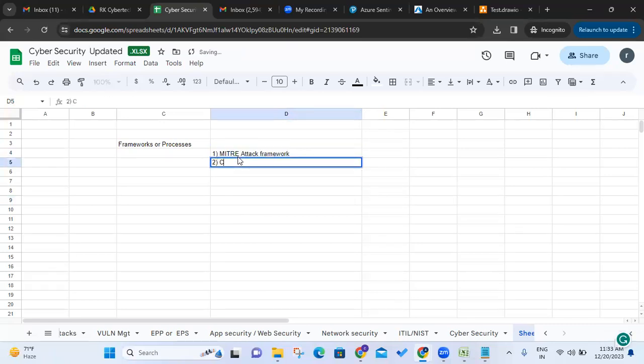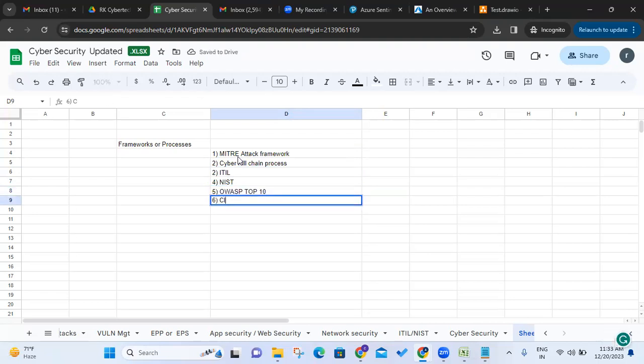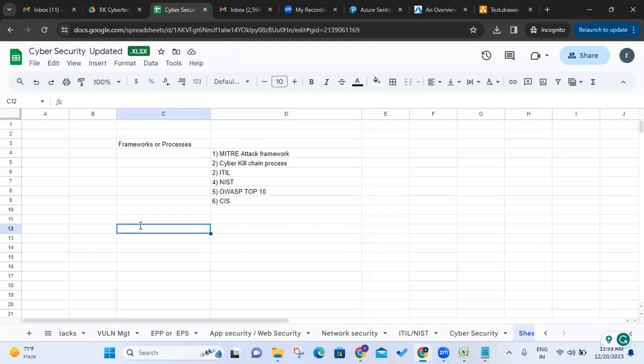Second one is the cyber kill chain process. Third one, ITIL. Fourth one is NIST. Fifth one is OWASP top 10. Sixth one, CIS. You can say these are all the couple of things. Okay. Next one is SOC team members.